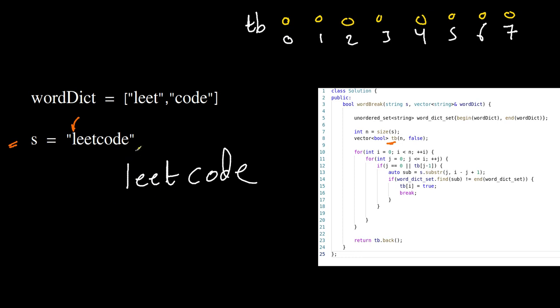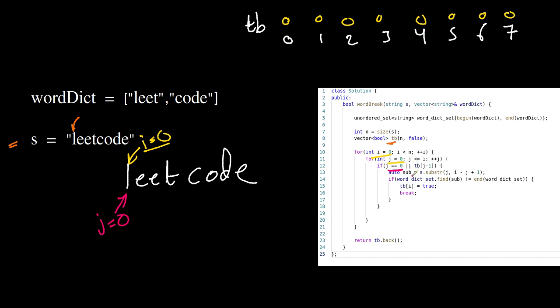Now we need to find a solution for i equal 0. We iterate over all elements from 0 up to i, because we need to check all the substrings that end at i equals 0. And so the only possibility here is j equal 0. Now the first condition applies, j equals 0.